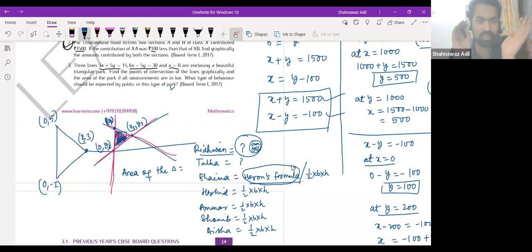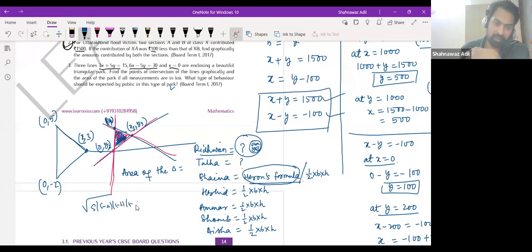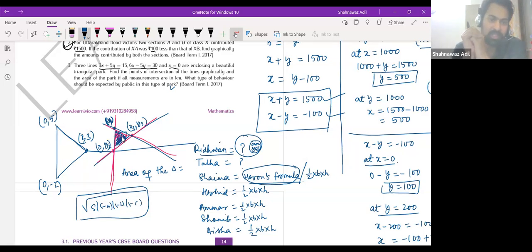Whenever we have the coordinates, we can use Heron's formula, right? We calculate these distances and then we use s minus a, s minus b, s minus c. But for this peculiar triangle, if we use Heron's formula, that would be lengthy.